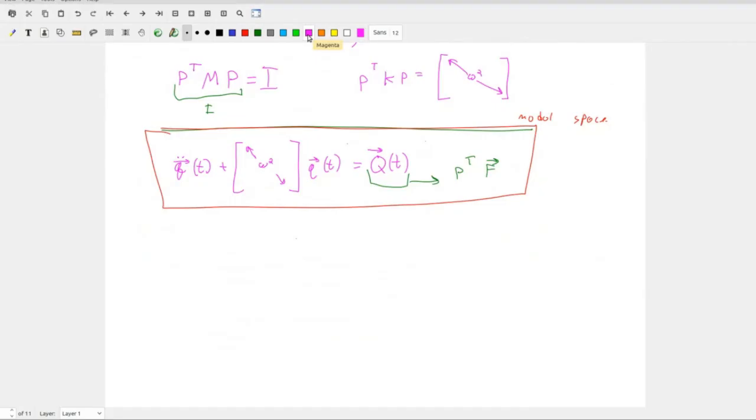For a given mode, this becomes Q double dot of T, sorry, Qi double dot, so there should not be a vector there, plus omega i squared Qi of T is equal to capital Qi as a function of T for i equals 1 to n.